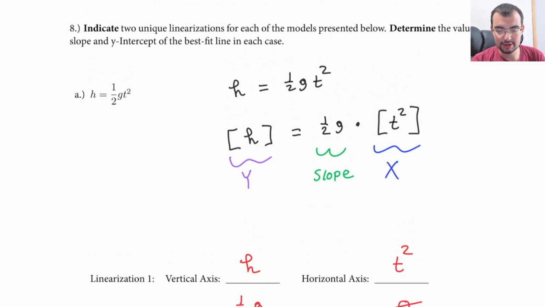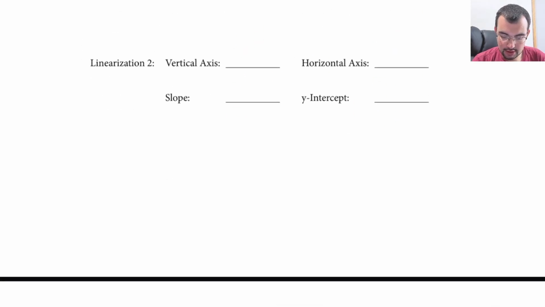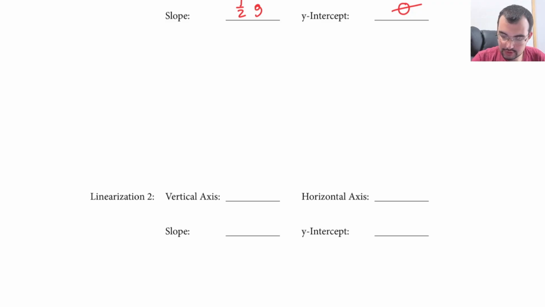Now that's not the only thing you could do. So what we could do instead is once again have h equals 1/2 g times t squared. Something I like to do is, usually you're solving for some constant in the slope. So I like to move some of the constants around so the slope is just my answer.